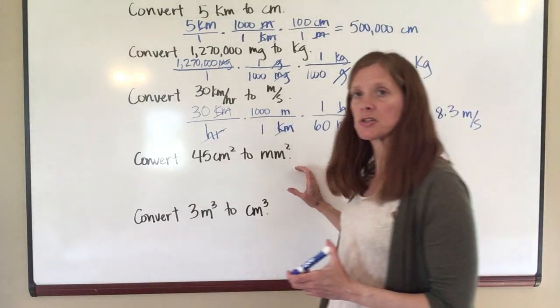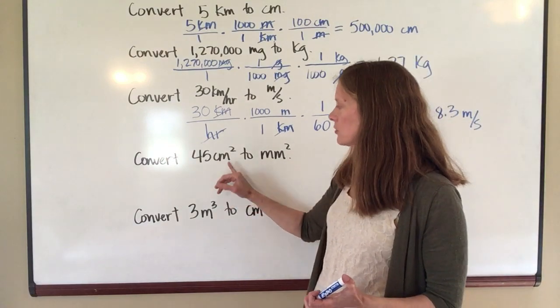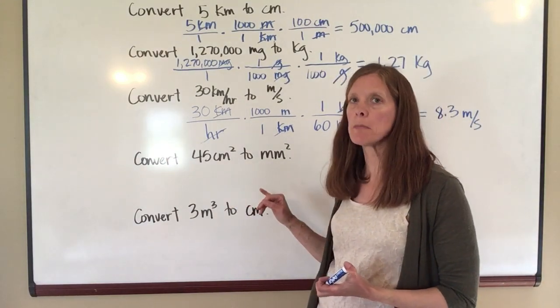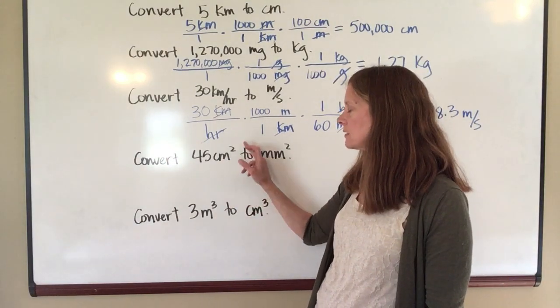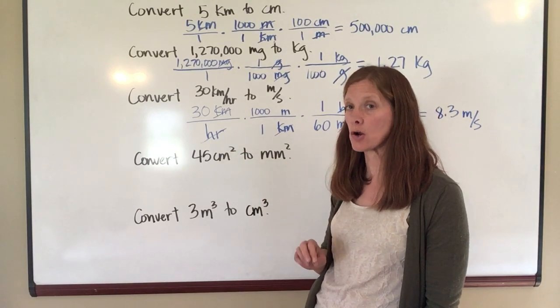These last ones that we're going to do are pretty tricky. We're trying to convert square centimeters to square millimeters, and hopefully you recognize that these square units are the ones that you use when you calculate area.